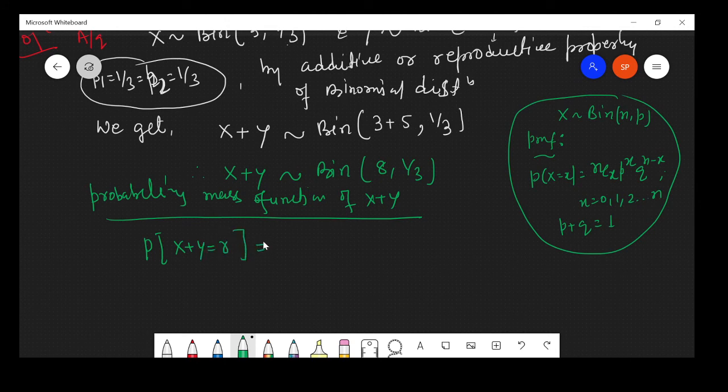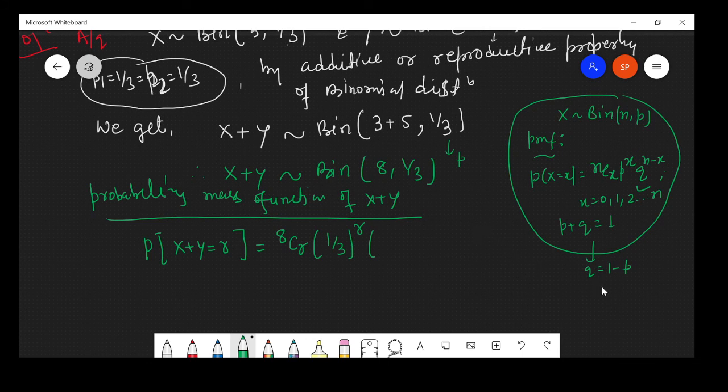Now we write n is what? N is given as 8. C, x is what? r. And now we write p. So what is the value of p here? P is 1 by 3 to the power r. And now we need q. How to find q? q is equal to 1 minus p.